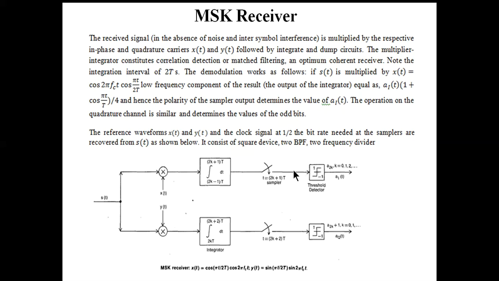The demodulation works as follows: s(t) multiplied by x(t), that is cos 2πfct cos(πt/2T), the low frequency component of the result, the output of the integrator, equals aI(t) into (1 + cos(πt/4T)), and hence the polarity of the sampler output determines the value of aI(t). The operation of the quadrature channel is similar and determines the value of the odd bits. So this one determines the even bits, this one determines the odd bits, and combining them we get the original baseband signal.